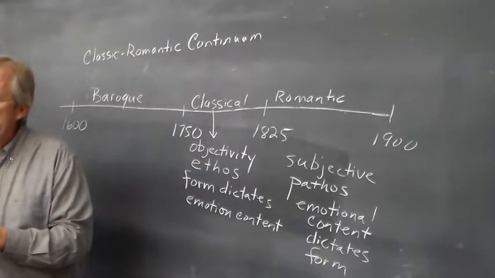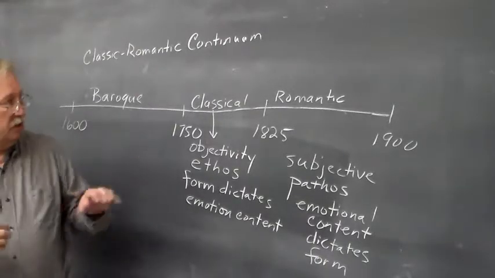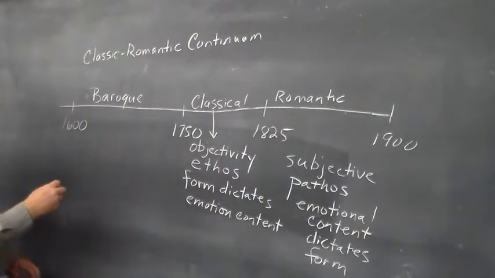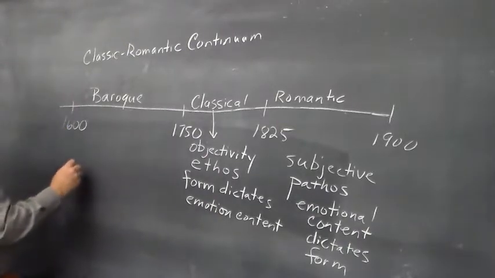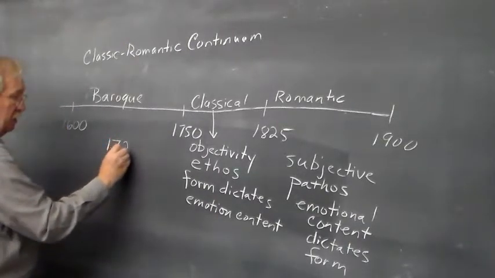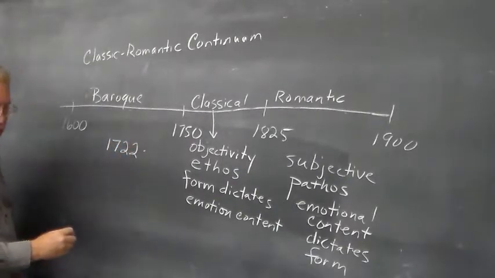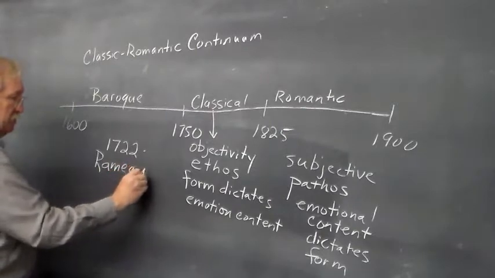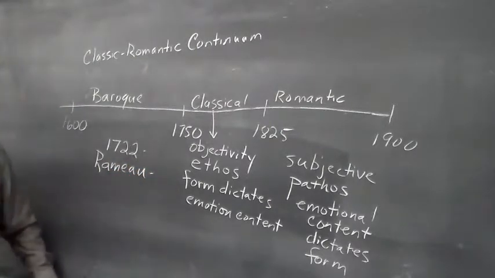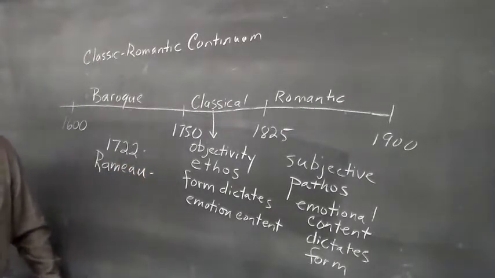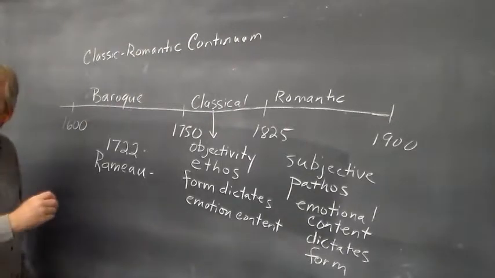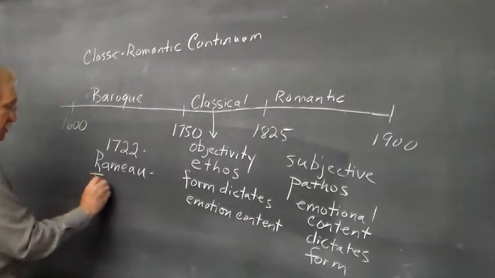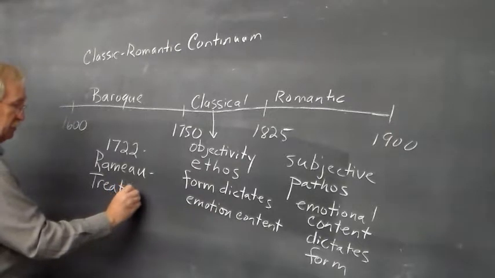And so that idea that developed at the beginning of the Baroque era was described by the theorist and composer Rameau, who wrote a very important work that's called Treatise on Harmony. This is a really important document.